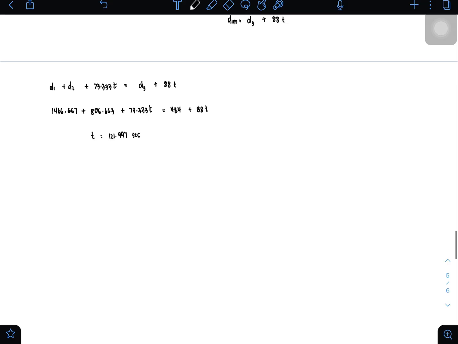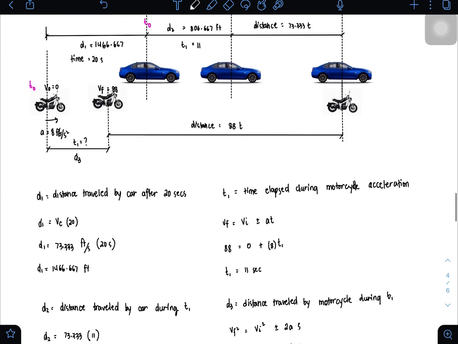Okay, here the total time elapsed to overtake, let's call that t, is equal to t plus 11 seconds. Why? Because this is the beginning phase of the motorcycle until it overtakes the car.